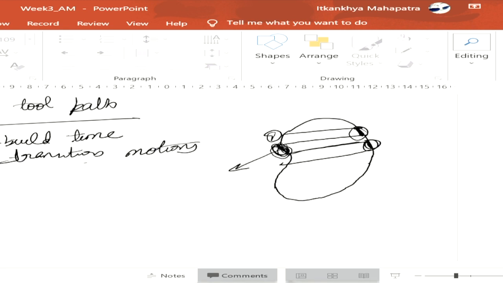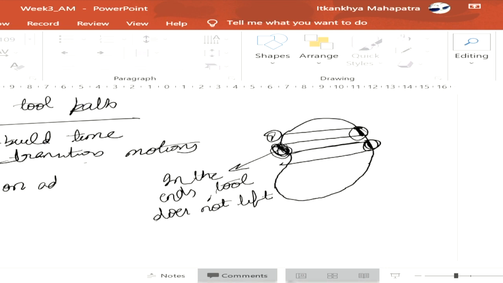Now in these ends, the tool does not lift. It keeps on adding material and reaches the next line.